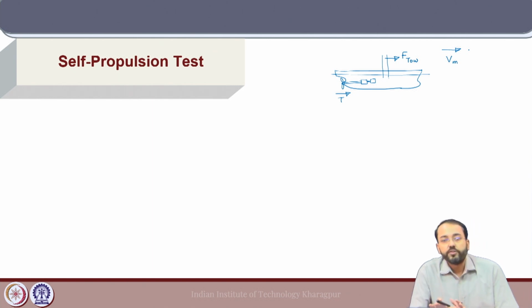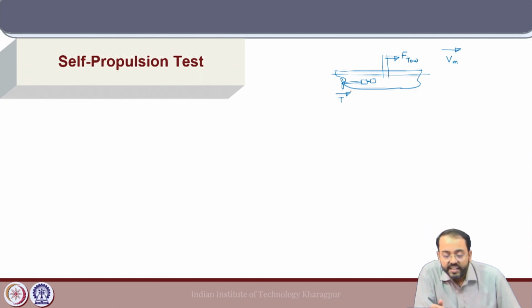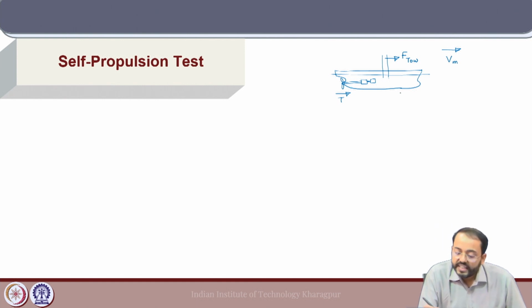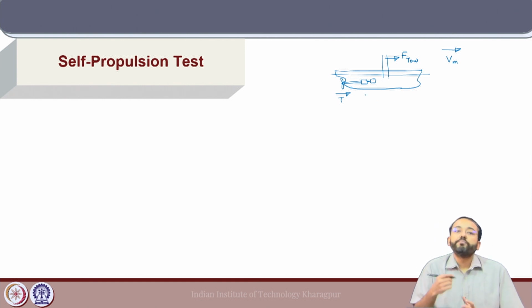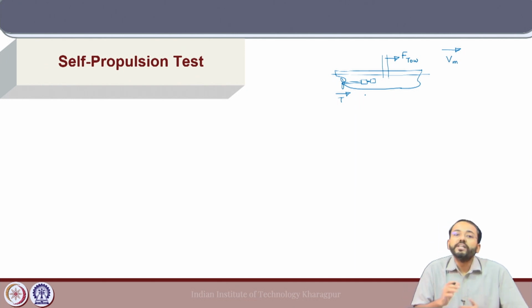The rudder is not shown here for convenience, and here as the propeller RPM is increased, the thrust from the propeller will increase. Now, in all these different RPM conditions, the model speed is constant, which is Vm.